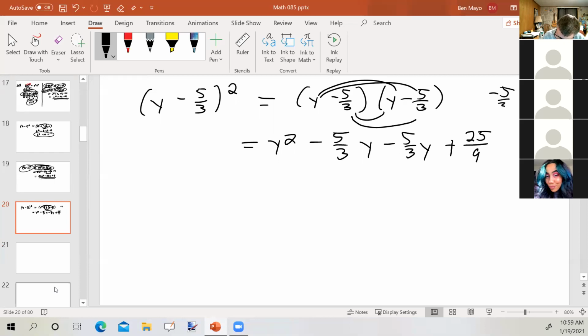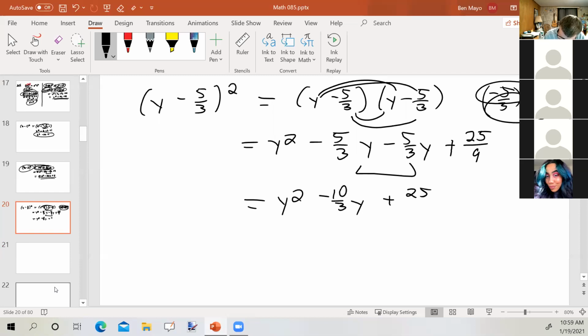Because if you multiply fractions, you multiply the numerators and you multiply the denominators. Now, combining like terms, this is going to be nice because the denominators are already the same. So y squared minus 5/3 y minus another 5/3 y would be minus 10/3 y plus 25/9. And as I mentioned before, even though we could take negative 10/3 and make it into negative 3 1/3, leave it as a fraction. If you can reduce it, do so, but that doesn't reduce. Okay, any questions about that?